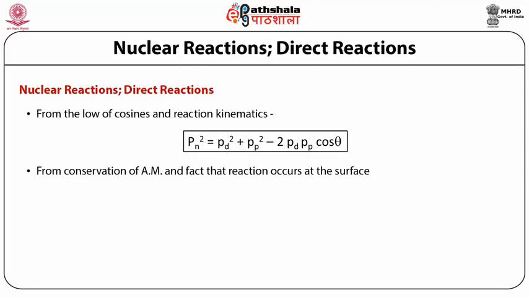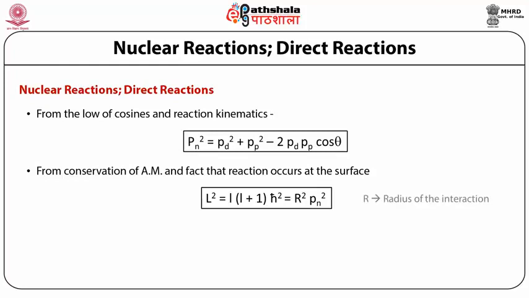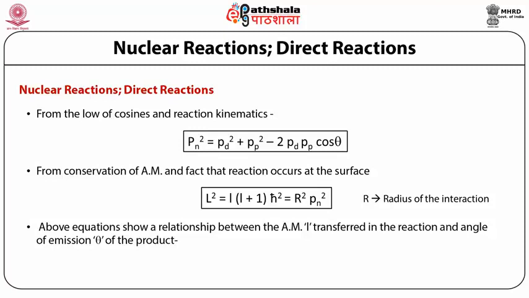From conservation of angular momentum and the fact that the reaction occurs at the surface, L square, that is L(L plus 1) h bar square, is equal to R square Pn square, where R is the radius of the interaction. The above equations show a relationship between the angular momentum L transferred in the reaction and the angle of emission theta of the product.